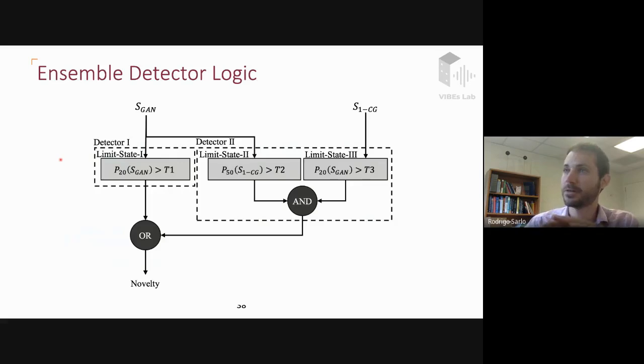There's a lot of nuance here that I just don't have time to get into, but the detector that we decided upon was an ensemble of two detectors. One detector is fairly conservative, so it uses a lower bound of the scores. The other was a combination of a more aggressive GAN detector, with a lower threshold, and another set of features which I didn't talk about, but which is essentially a reduced version of the FFT.